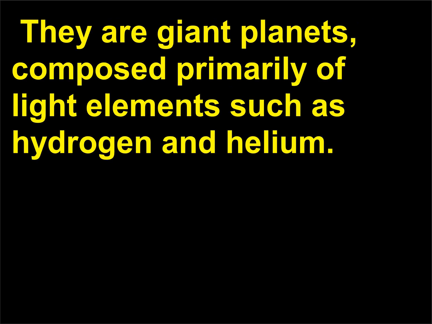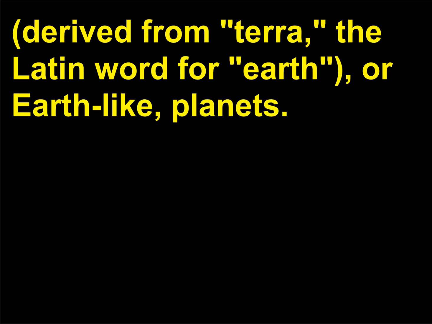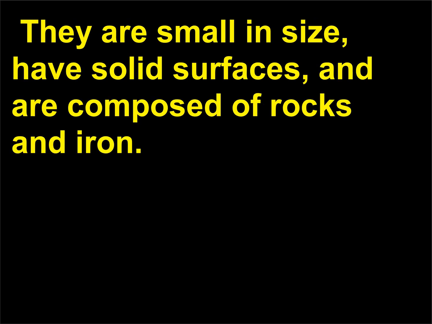They are giant planets, composed primarily of light elements such as hydrogen and helium. Mercury, Venus, Earth, and Mars are the terrestrial, derived from terra, the Latin word for earth, or earth-like, planets. They are small in size, have solid surfaces, and are composed of rocks and iron.